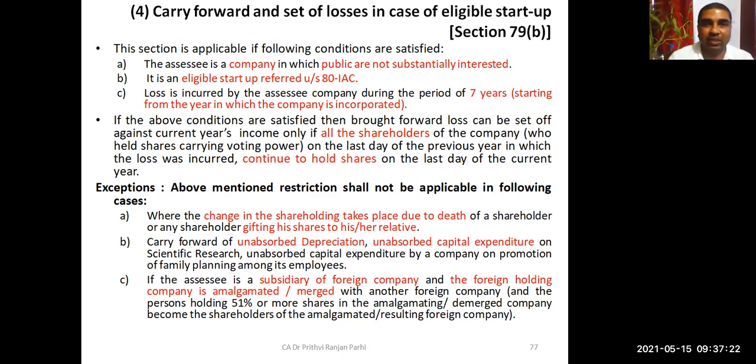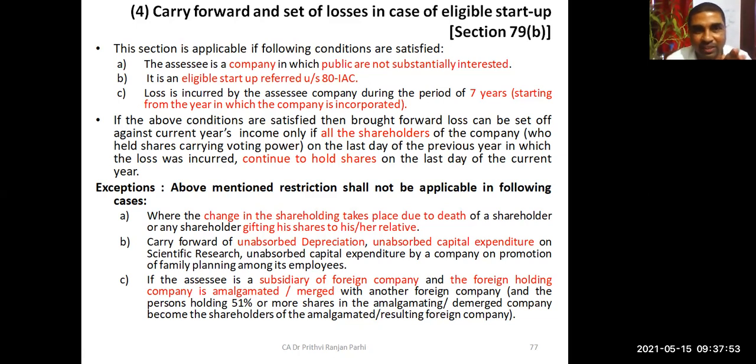Here the condition is that the assessee company should not be a company in which public are substantially interested. It should be a closely held, private company. Then it should be an eligible startup as referred under section 80-IAC. It should be a startup company.